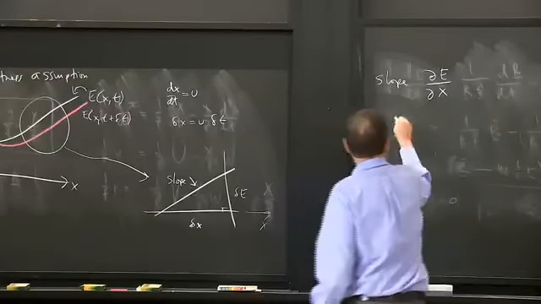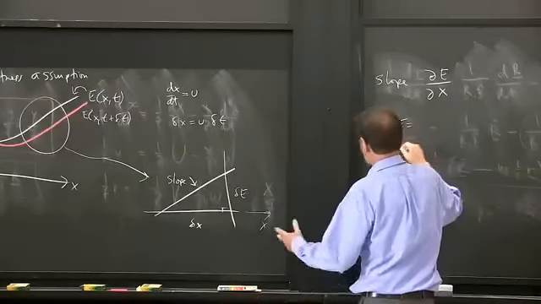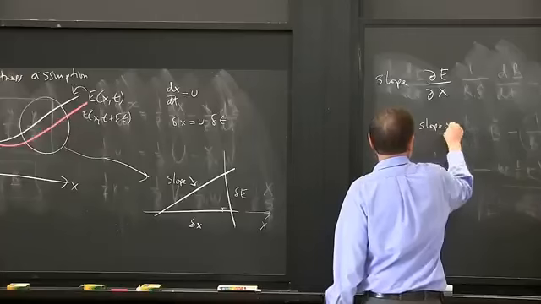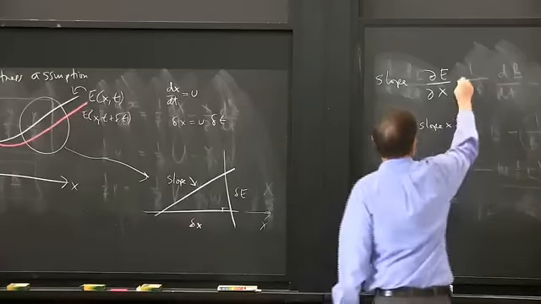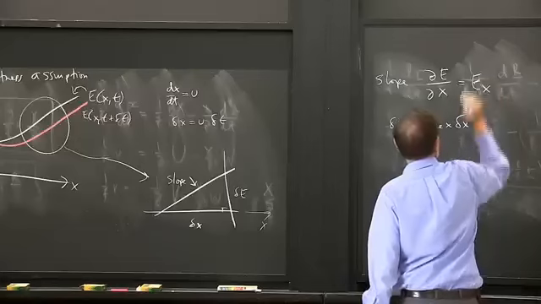So that means that delta E must be the slope times delta x, and so that's going to be, and I'm going to write this as E sub x.